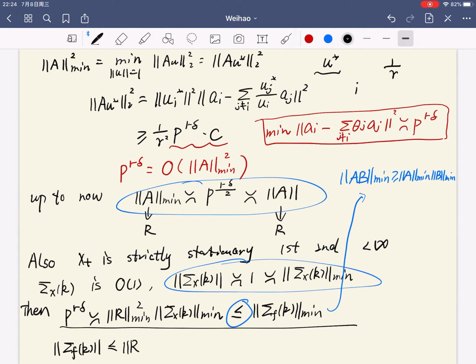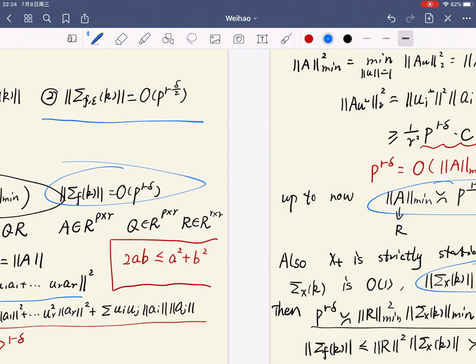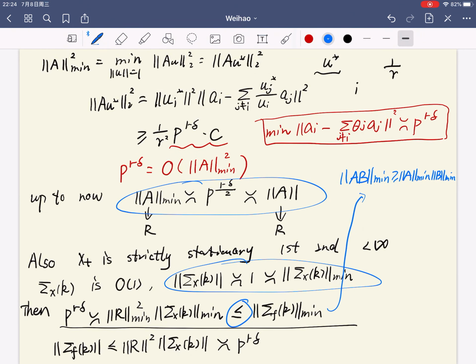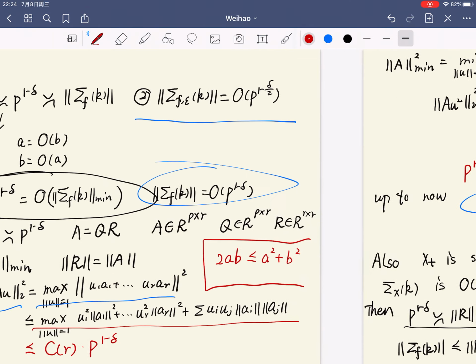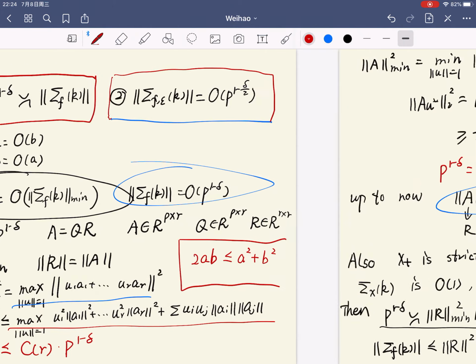By matrix submultiplicativity, we arrive at the second. Now we have shown that the first part of lemma 2 holds. Then we try to show the second part.